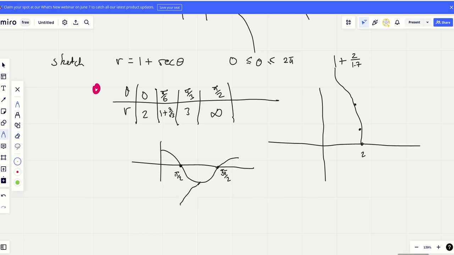The sec theta curve just kisses it at -1 and then goes off to infinity there and there. So this is between -1 and infinity. In other words, we're going to be doing 1 minus 1, or a number more negative than minus 1, and therefore r is going to be negative. So you can ignore the values between pi over 2 and 3 pi over 2.